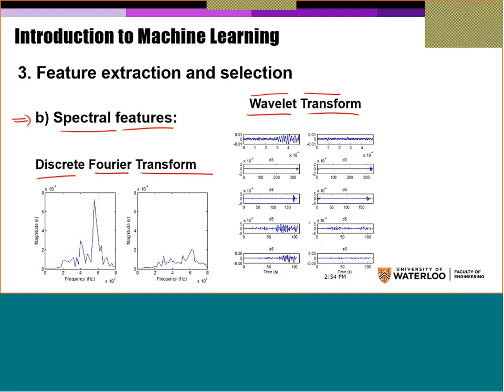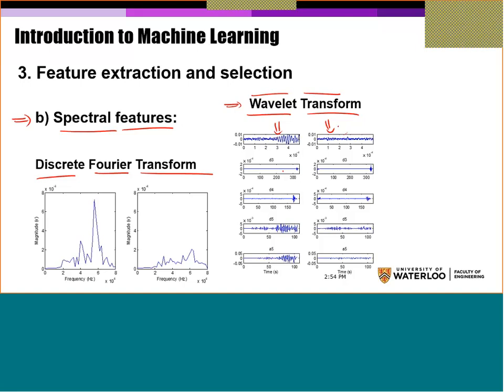The scope of this course is not to go into details here, but this will also take us to different frequency bands. Sometimes we take each single frequency band and calculate the statistical features we had before, like the kurtosis, the skewness, and sometimes the energy available in these frequency bands.